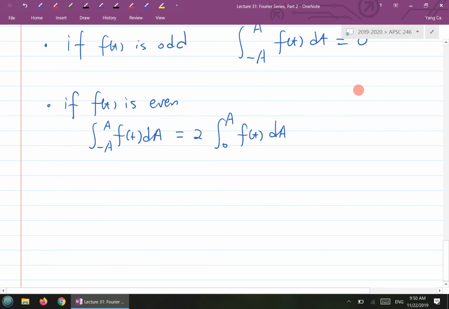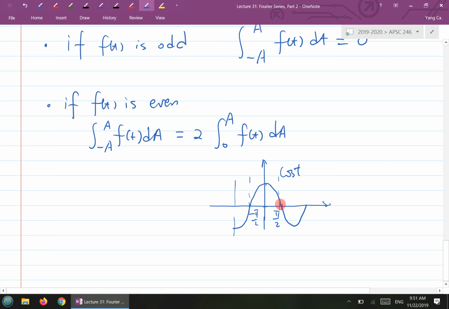A good example is cosine. If I integrate cosine t from negative pi over 2 to pi over 2, because it's even, symmetric, instead of going from here to here, you can do 2 times 0 to pi over 2. So that's the even function property.